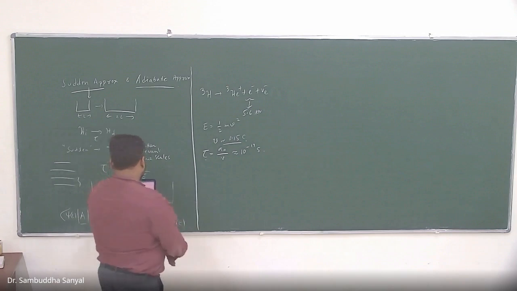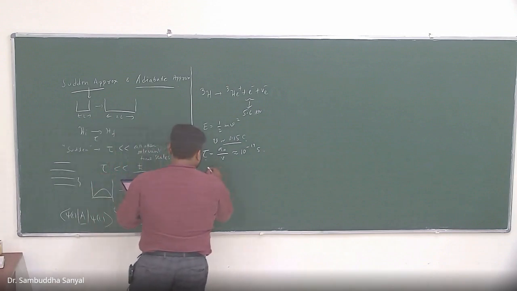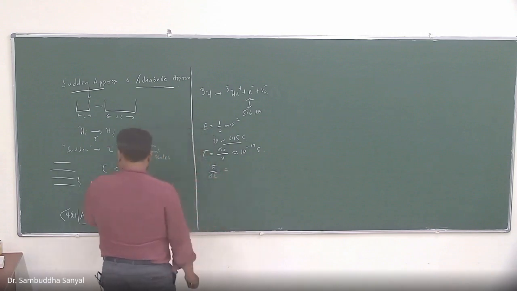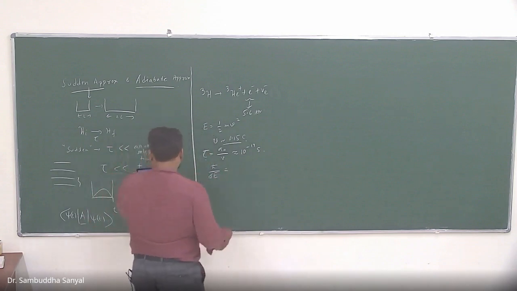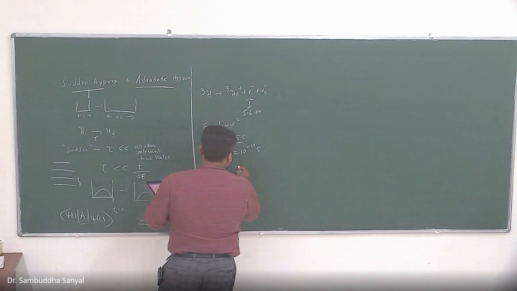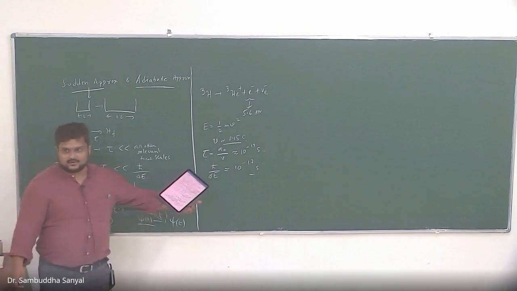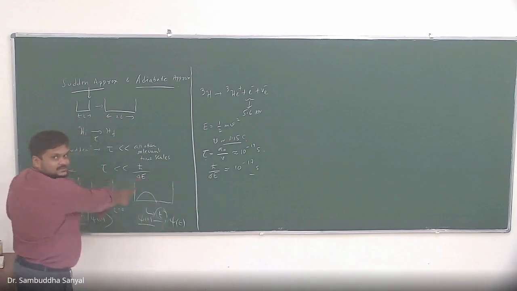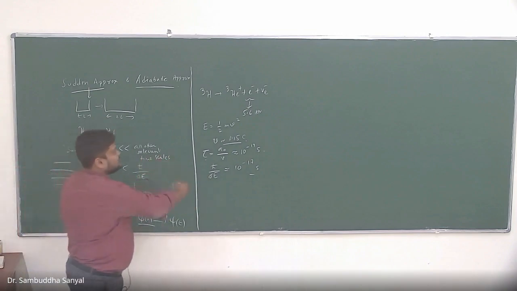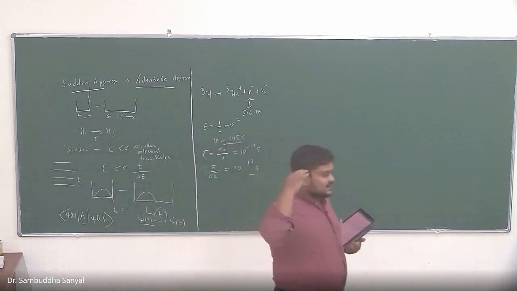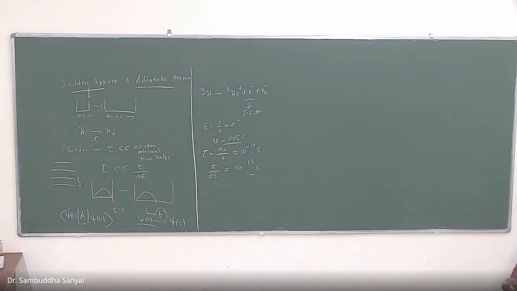Now if you calculate the internal time scale, which is h bar over delta E, using the two lowest eigenvalues, that number is of the order 10 to the power minus 17. So basically this tau is much lower than that, and this is a much faster process. It is roughly 100 times faster, so you can categorize it as a certain approximation problem.